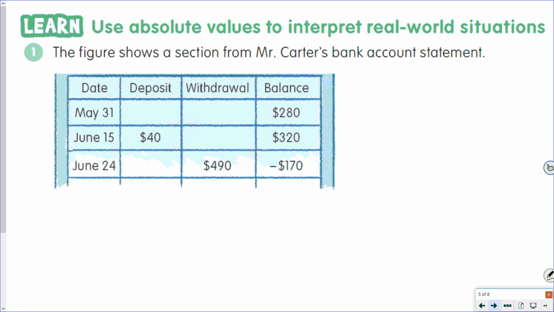That's the absolute value of it. And then the balance is how much is in the account. And that's where you do want to use positive or negative numbers to know whether you have a surplus or if you're running at a deficit. And notice that when Mr. Carter took out the $490, his account is overdrawn $170.